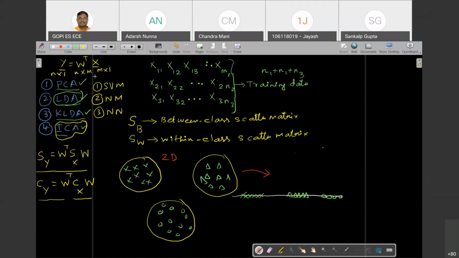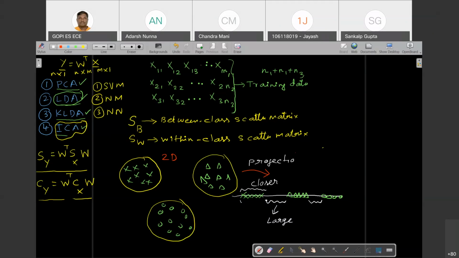This is one objective: we want the vectors within the class to be close to each other. And then we want the separation between the classes to be maximized. Between the classes, the separation should be very large, and you want the vectors within each class to be closer. We want these two objectives to be satisfied after doing this projection.